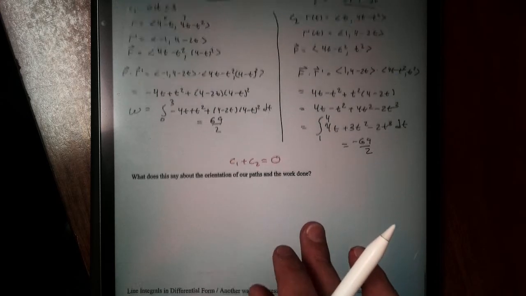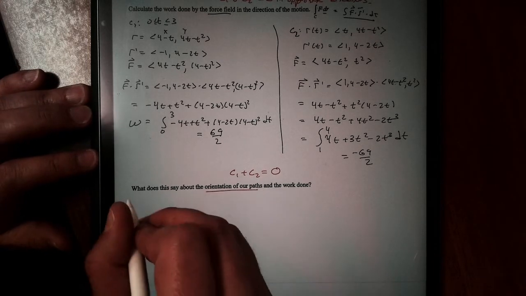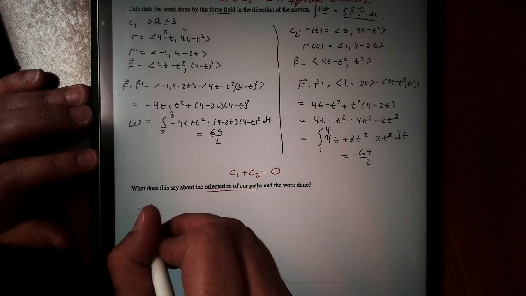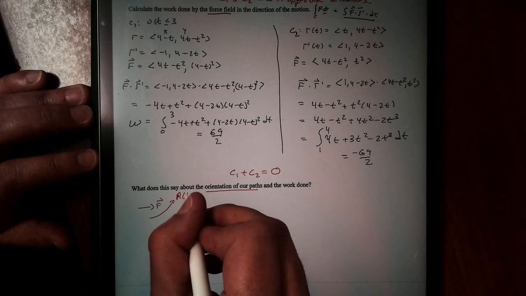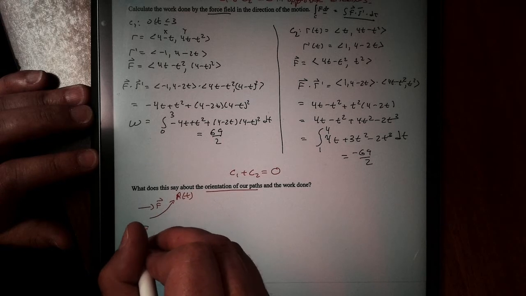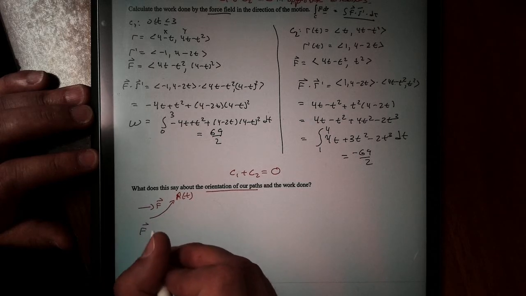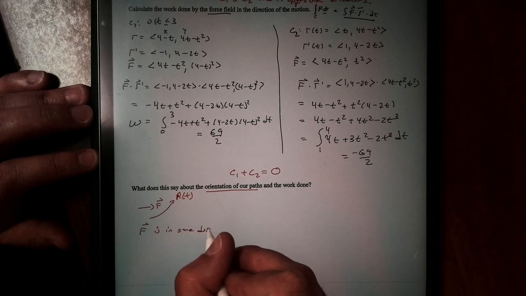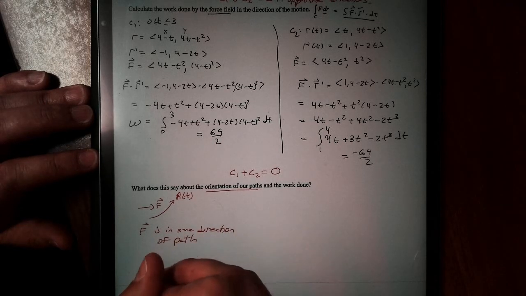All right, so what does this say about the orientation of our paths? So let's talk about the orientation of the paths. If I have a vector field going in the same general direction of our path, so if our vector field is in the same direction of our path, what we wind up with is positive work.